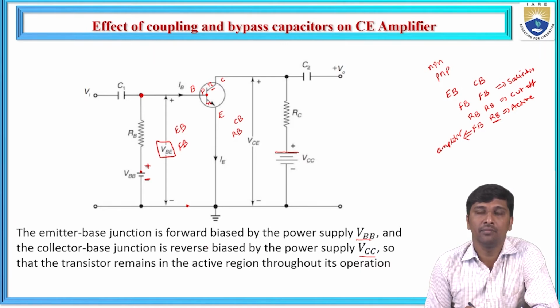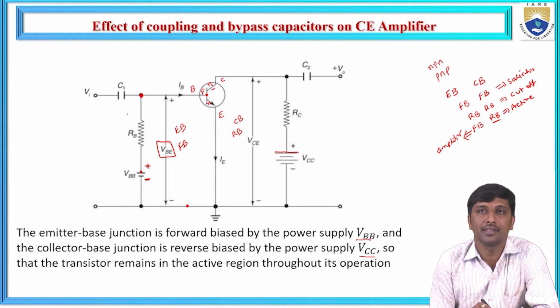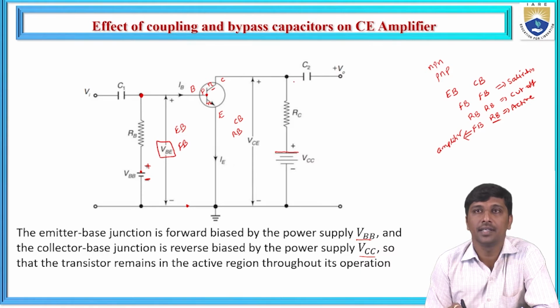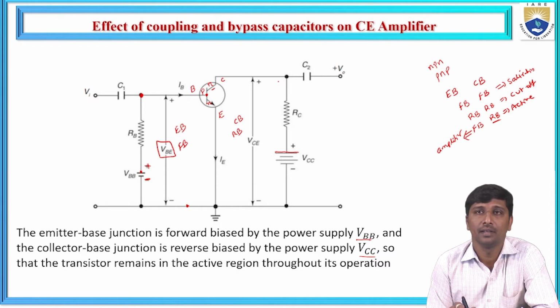Again, to satisfy the amplification principle, we need to maintain a proper Q point, and based on the proper Q point, we provide the amplification process. If you observe, there are two capacitances here: C1 and C2. One is connected across the input side and one is connected across the output side.